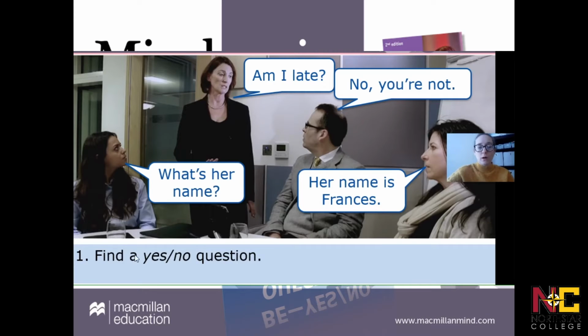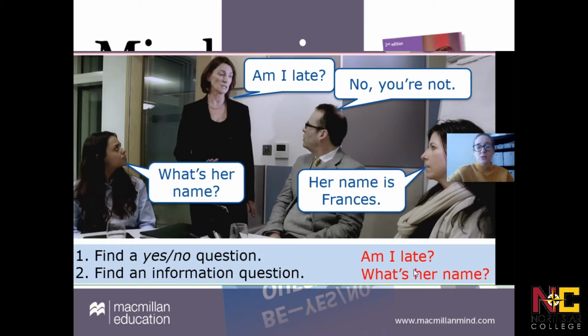So, number one, find a yes or no question. Number two, find an information question. The question, am I late? You can answer with yes or no. It's a very simple question.